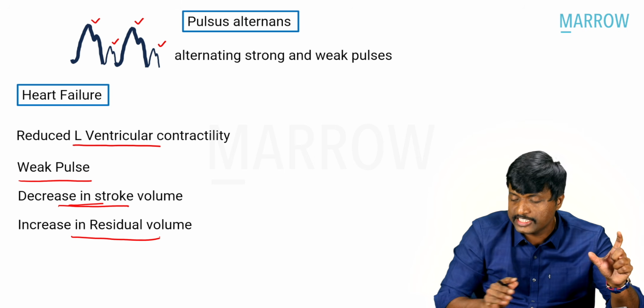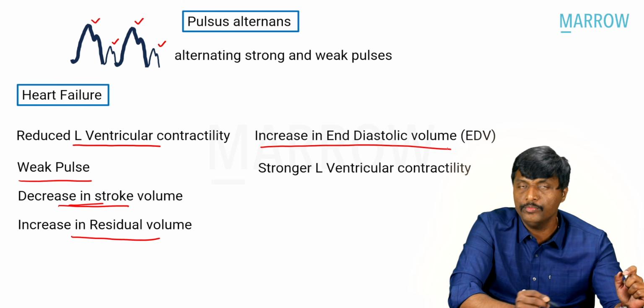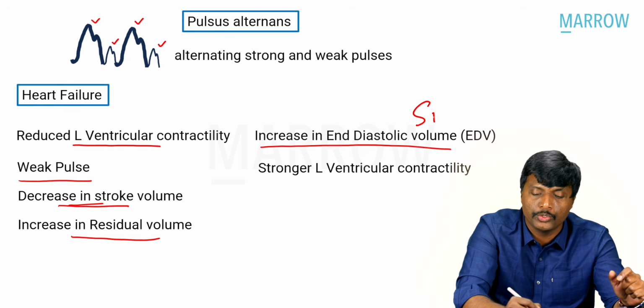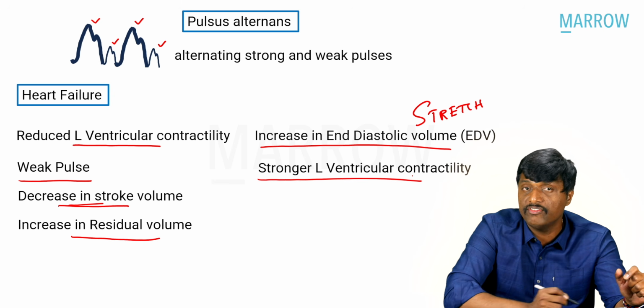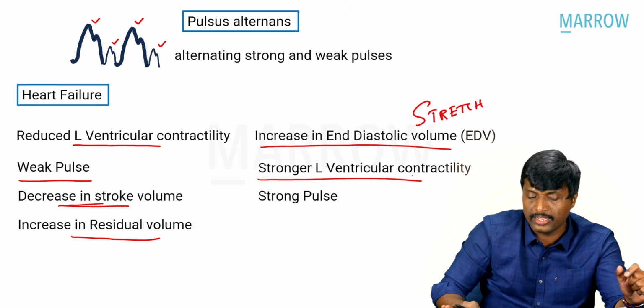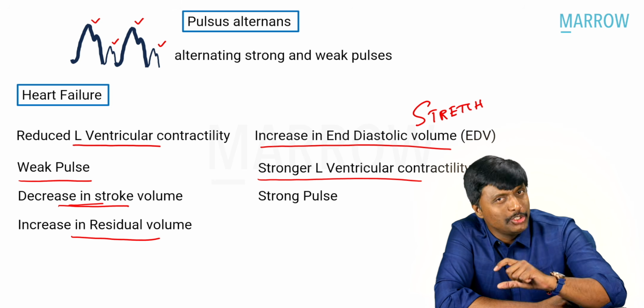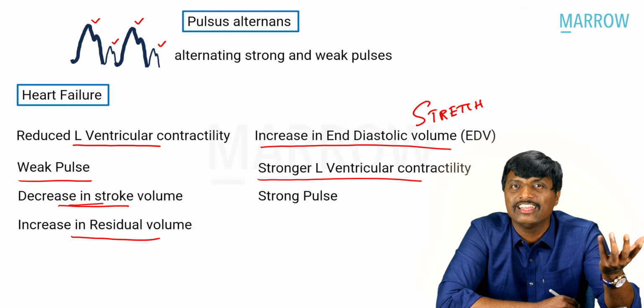This increase in residual volume is reflected as increase in end diastolic volume. This increase in end diastolic volume is going to cause stretch of the ventricular wall. This stretch causes stronger left ventricular contractility, and you are going to get a strong pulse. That's all. So alternating strong pulse, weak pulse. What is the very essence of Frank-Starling law?